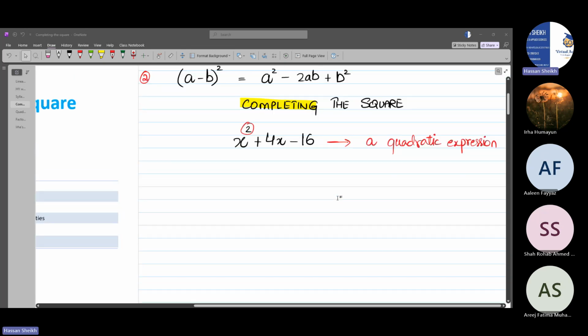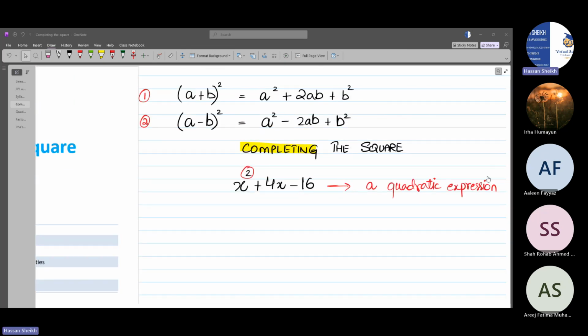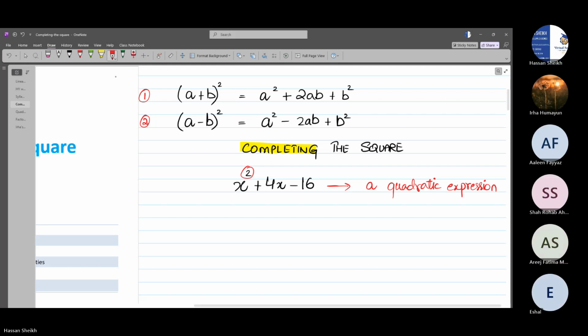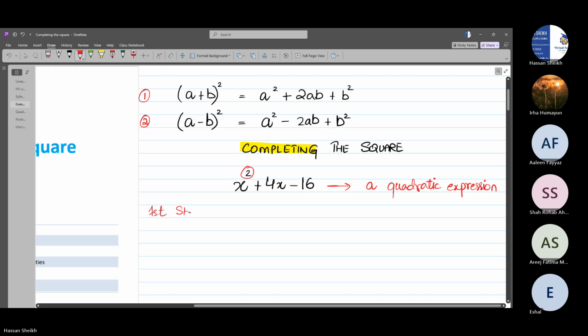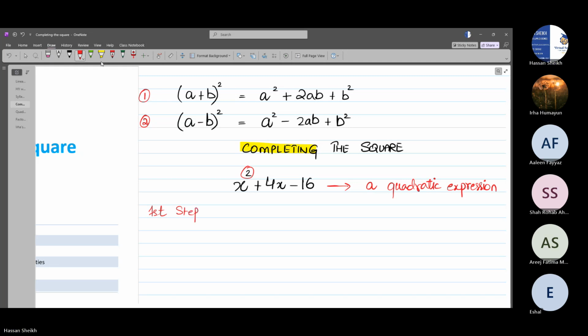Now we need to apply the completing the square method. So how? First of all, first step, let me write it in steps. First step, you need to first check the coefficient of x square.